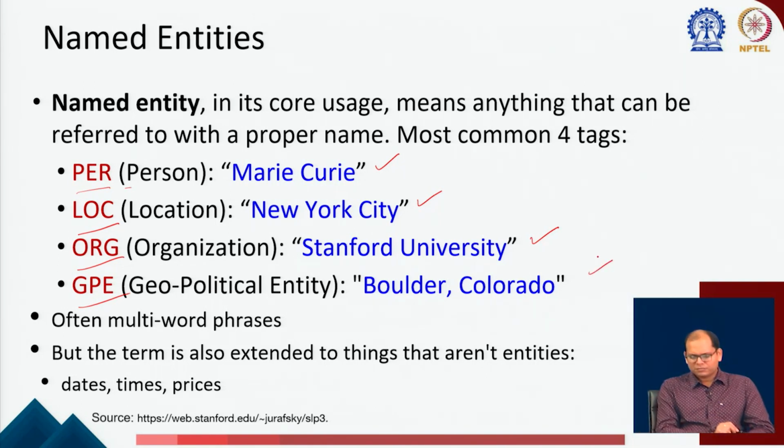Right. So one thing that is different about NER is that there would be multi-word entities in general. Of course, they can be one-word entities also. And we will see in the literature that this has been extended to various things that are not exactly entities, like times, dates, prices. You still use some NER tags for those.